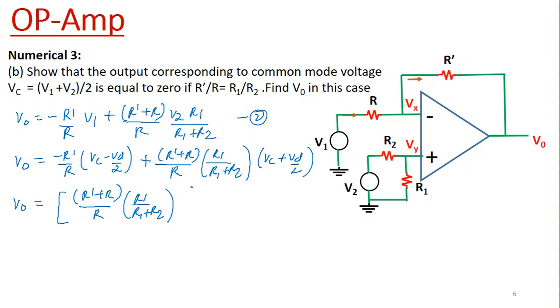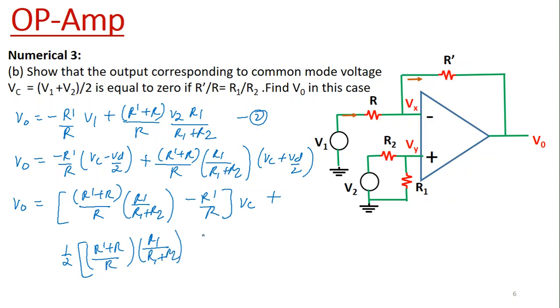Now minus R dash by R into Vc we are getting. This will be plus, then again half into R dash plus R divided by R, R1 divided by R1 plus R2, then plus R dash by R into Vd. This is the equation we are getting.